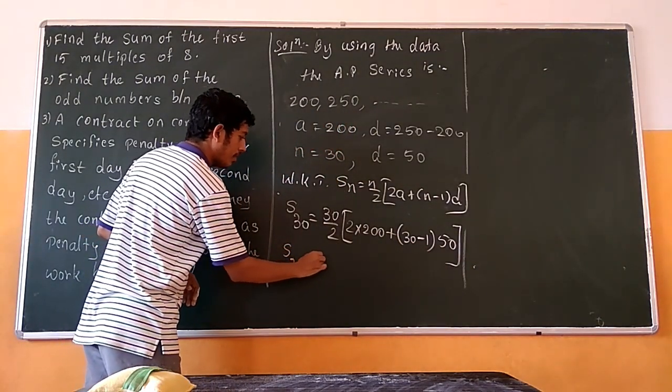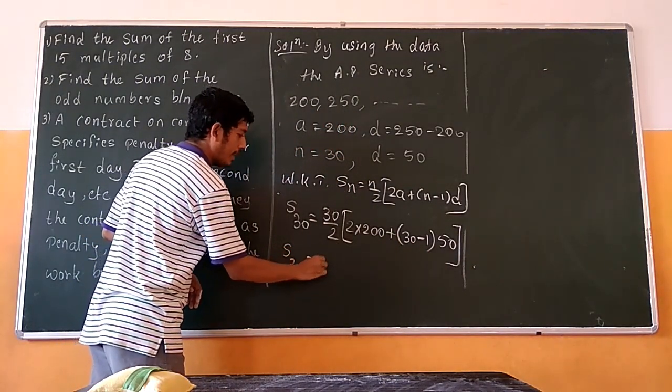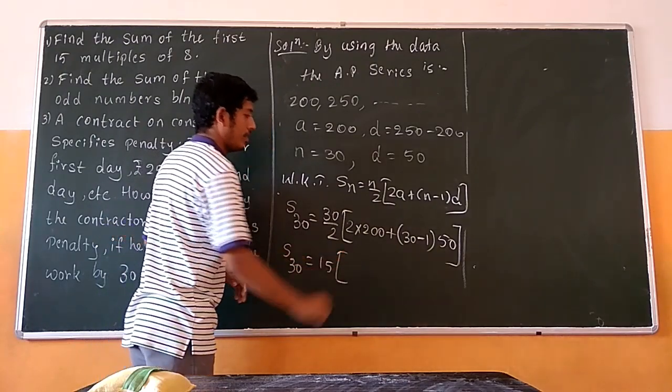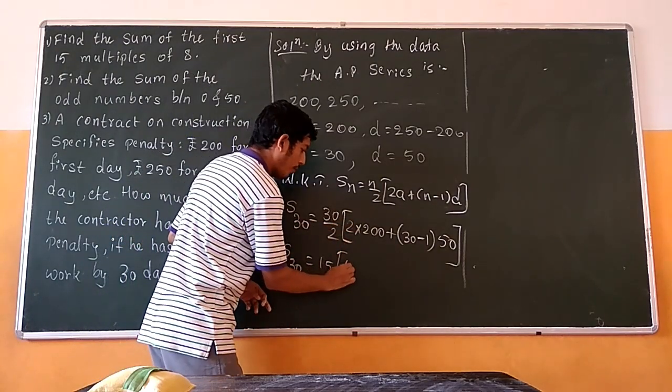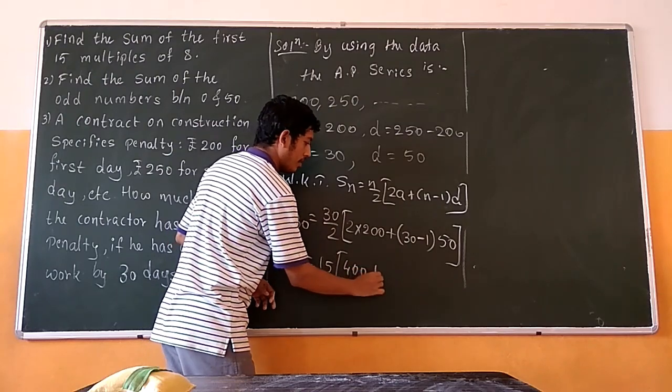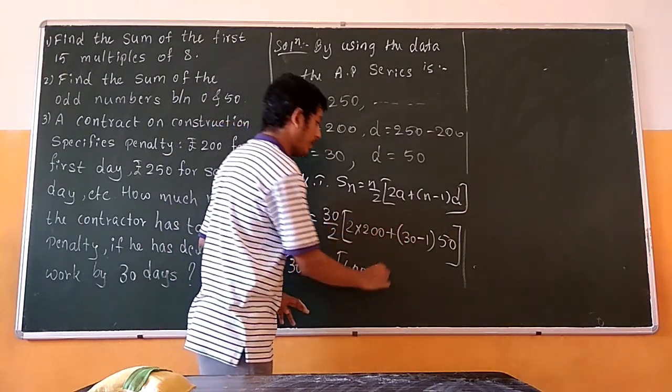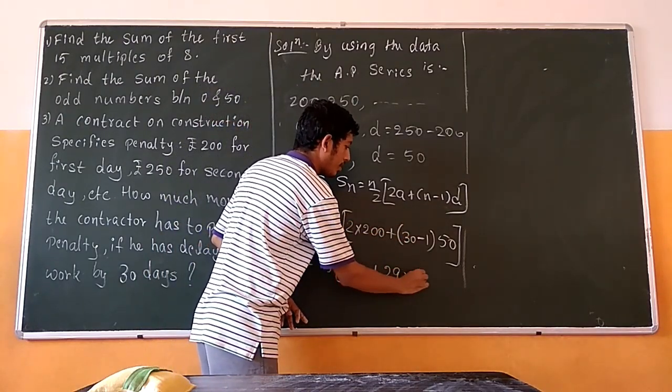S30 becomes 30 by 2, we can write it as 15, into 2 2s are 4, plus 30 minus 1, it becomes 29 into 50.